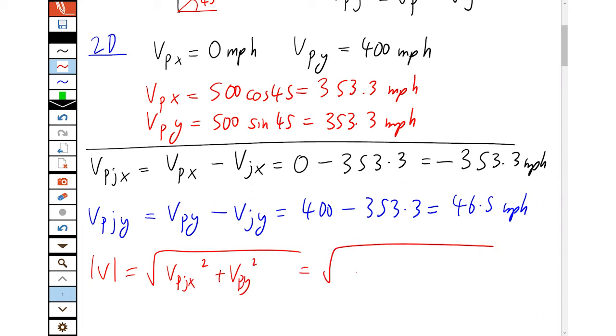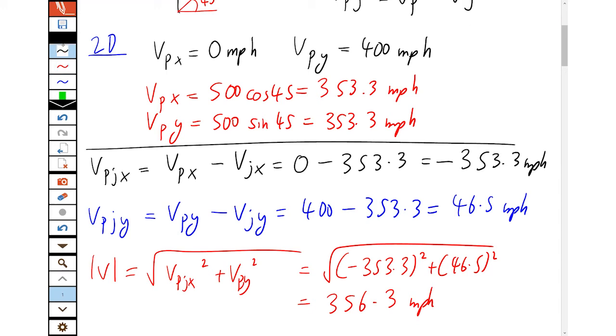So we have the square root of minus 353.3 squared plus 46.5 squared, which gives us 356.3 miles per hour. So we've answered the question, but we are practicing today.